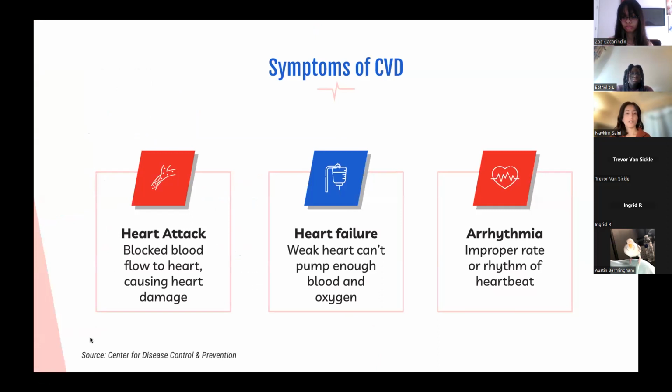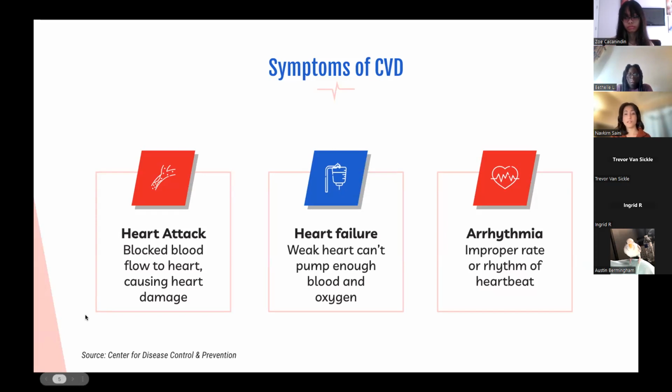There are a few different forms of cardiovascular disease, including heart attack, which involves blocked blood flow to the heart, which causes heart damage. Heart failure is where the person may have a weak heart and not enough blood can be pumped, which then leads to oxygen not being sent throughout the heart and the body.